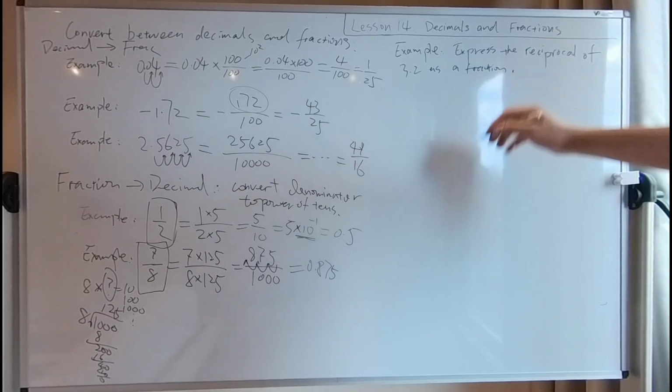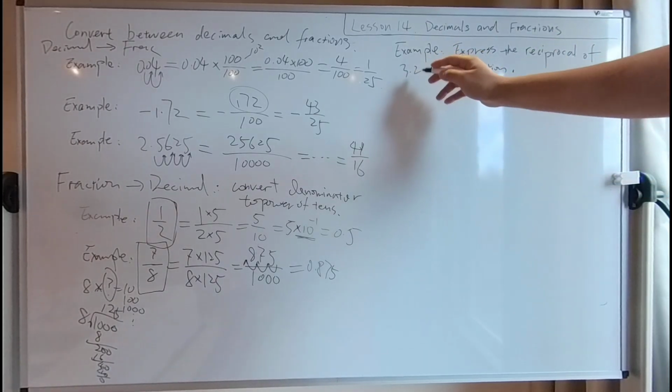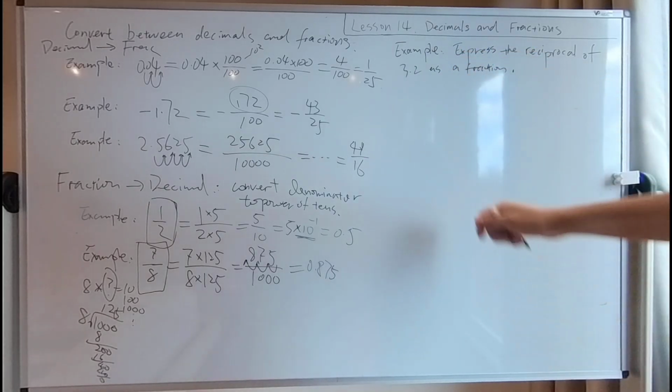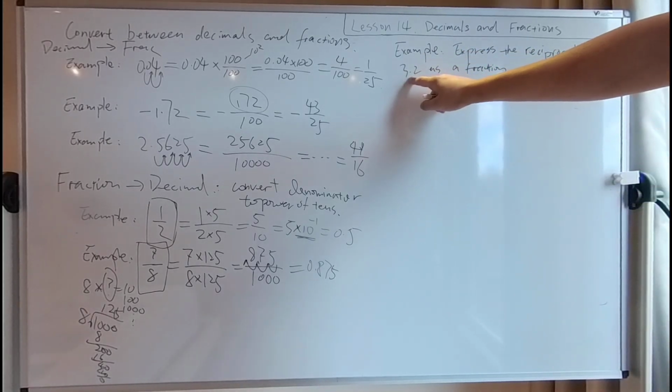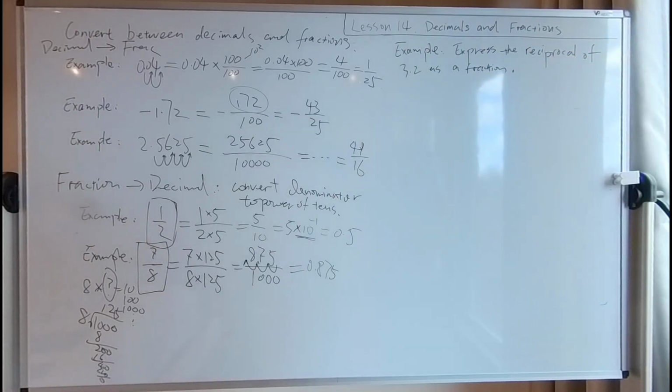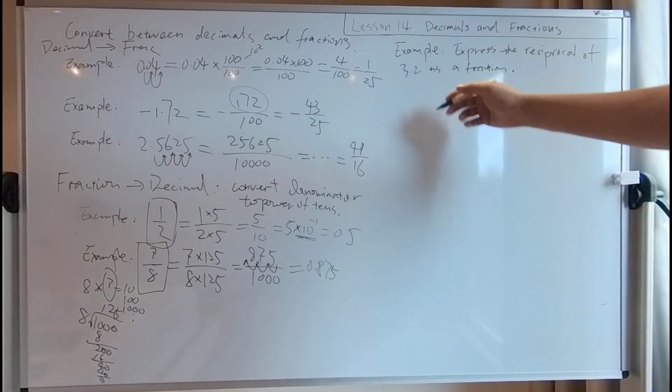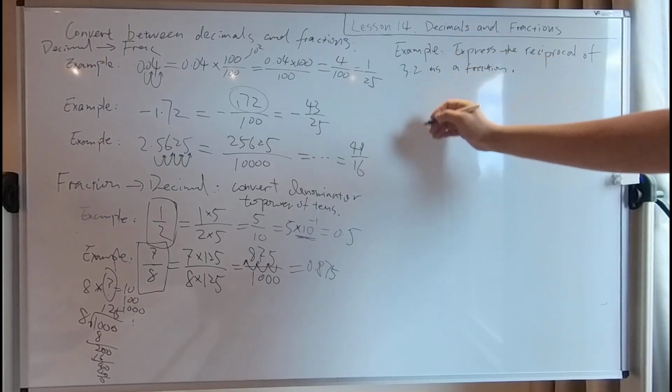So there are two ways. Either you find the reciprocal, then try to convert it into a fraction. But I would prefer the other way, to convert this number into a fraction first, and then finding the reciprocal is really just turning that fraction upside down.